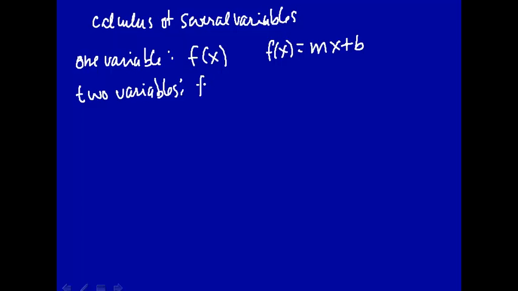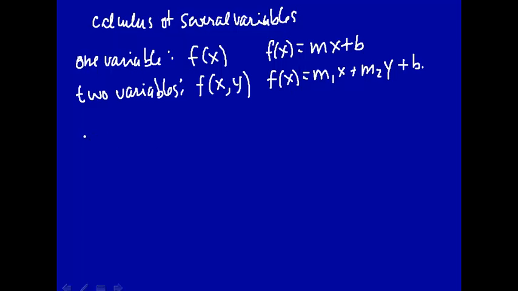You then would write that a function of, say, x and y, might be, say, m1 times x plus m2 times y plus b. So two variables, x and y. And given a particular value of x and y, you can then calculate the value of the function.